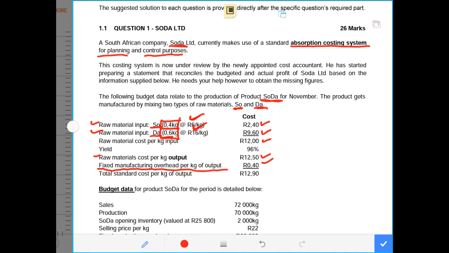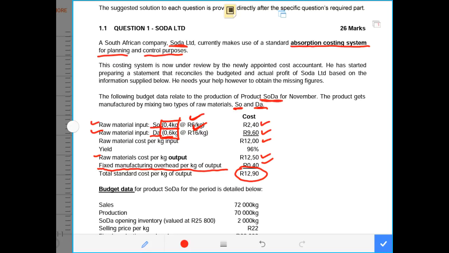So now the fixed overhead has been taken into account in the calculation of the standard cost per unit, as I mentioned before, that this is an absorption costing system where fixed costs are taken into account in the calculation of production cost. Then the standard cost per kg of output is 12 rand 90 cents. So this is our standard cost.